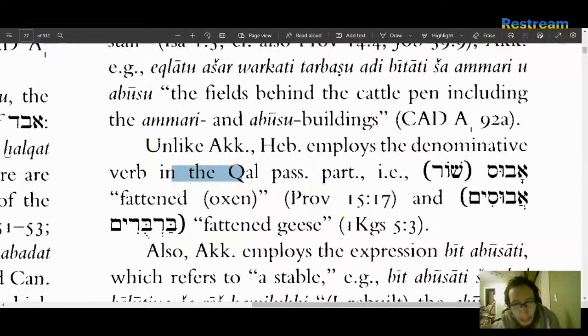So it's possible that the Eblaite is the origin of some of these nuances that the Akkadian doesn't have. So I argue that the original Hebrew language was very close to Akkadian, but not exactly Akkadian. It was slightly older than Akkadian and had some extra stuff that Akkadian doesn't have, but that other languages like Eblaite may have had.